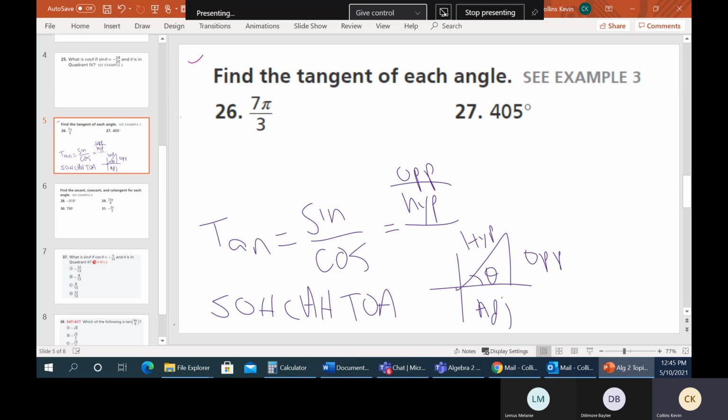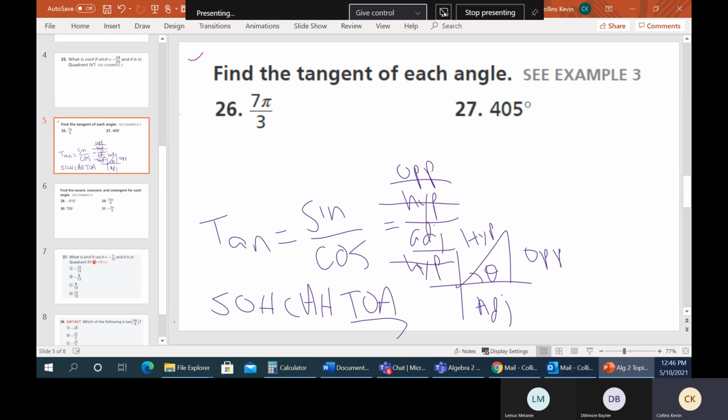Okay? And the cosine is the adjacent over the hypotenuse. So sine over cosine is opposite over hypotenuse over adjacent over hypotenuse. So here's a useful hack for you on these. Notice in this case we have a fraction over a fraction. Notice both of the bottoms are hypotenuse, right? So that means you can cross these guys out because they will cancel when you divide. And you're left with opposite over adjacent, which is this guy right here.